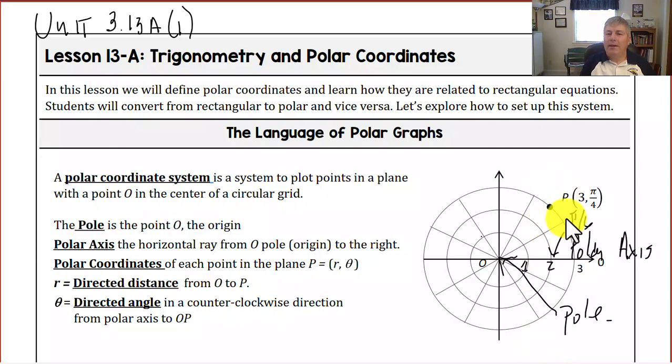So point P is the point (3, pi over 4), because we're out for a radius of 3 from the pole, and we've rotated pi over 4 radians. So that is the location P, an r of 3 and a theta of pi over 4.